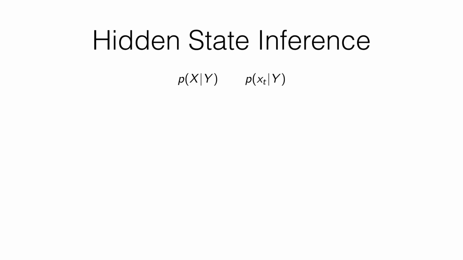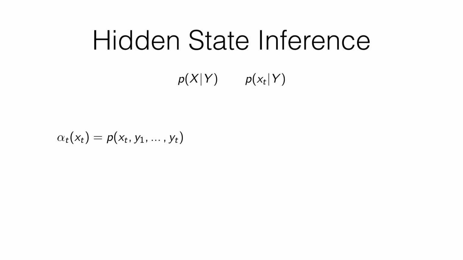Okay, and here's how we do this. I'm basically giving you a recipe here. So we compute these alpha quantities, which we can think of as messages, but they actually specifically are defined as these probabilities. It's a joint probability between the current state variable xt and all of the observations up until this time. So you can think of it as the joint probability of the current state and all of the historical observations.